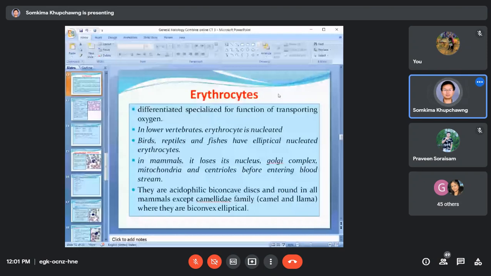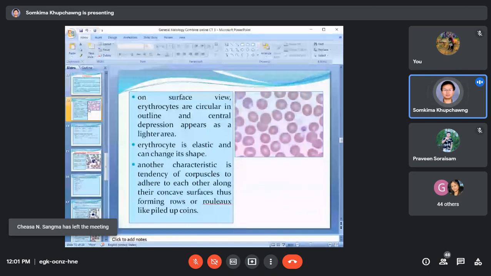So here, on the surface view, erythrocytes are circular in outline. In this photograph, we can see the surface view of the RBC. The central biconcavity appears as a pale region, a lighter area.